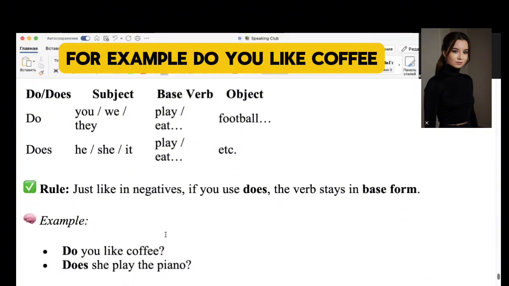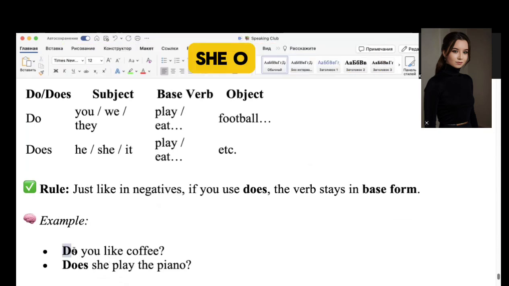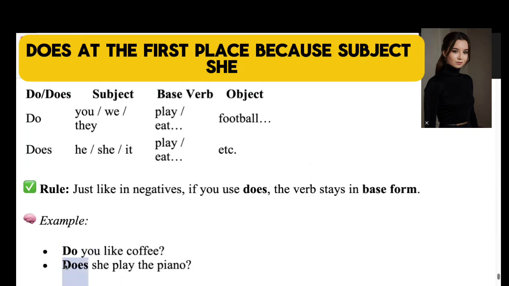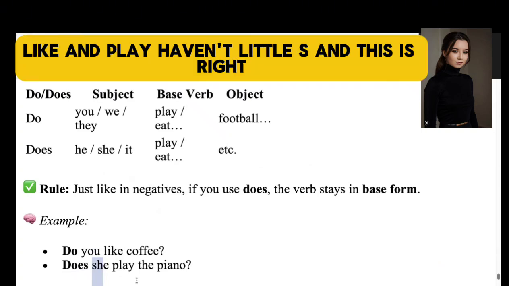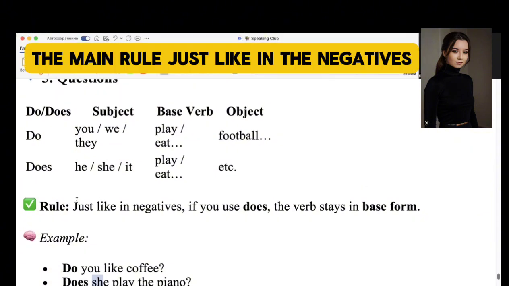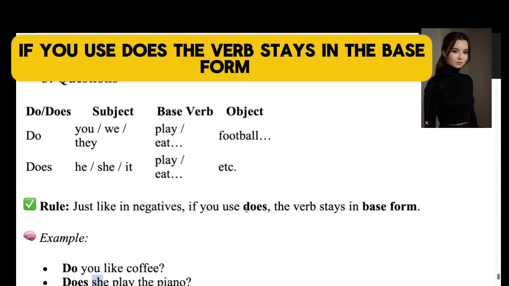For example, do you like coffee? See, do is at the first place, and it is do because the subject is you. Does she play? Does is at the first place because the subject is she. Like and play don't have the letter S, and this is right. So the main rule, just like in negatives: if you use does, the verb stays in the base form.